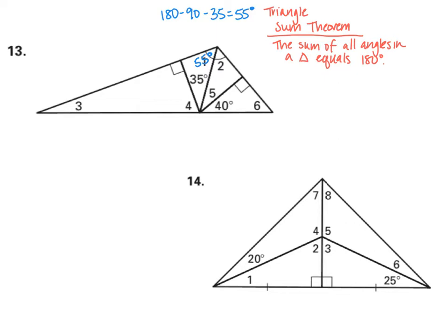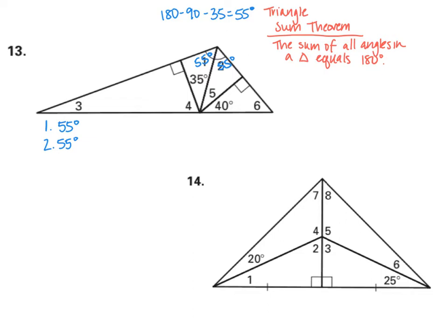So now we can use that 55 degrees, and we can use these two congruence notches to infer that if angle 1 is 55 degrees, then angle 2 must also be 55 degrees. So it seems like the next logical step would be to find angle 3, but we actually need either angle 4 or angle 6 to find angle 3.